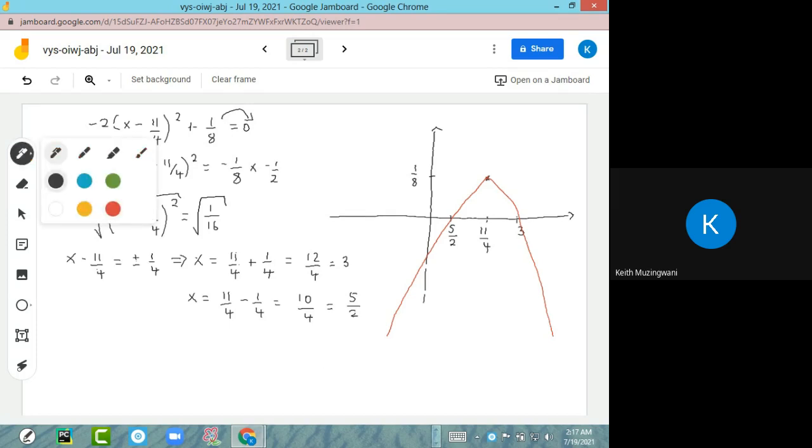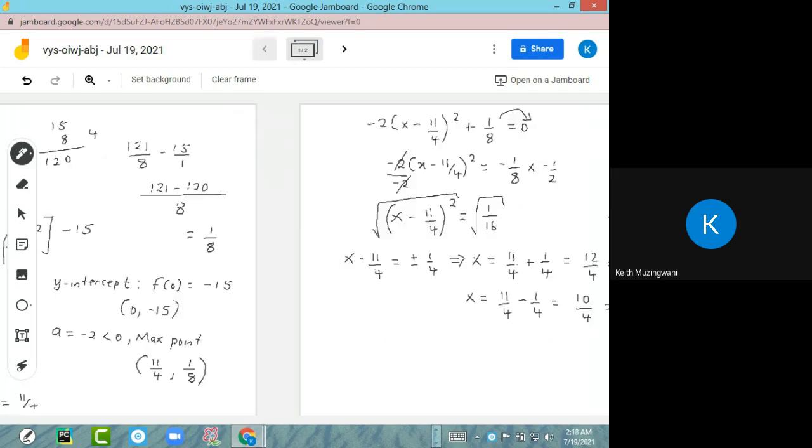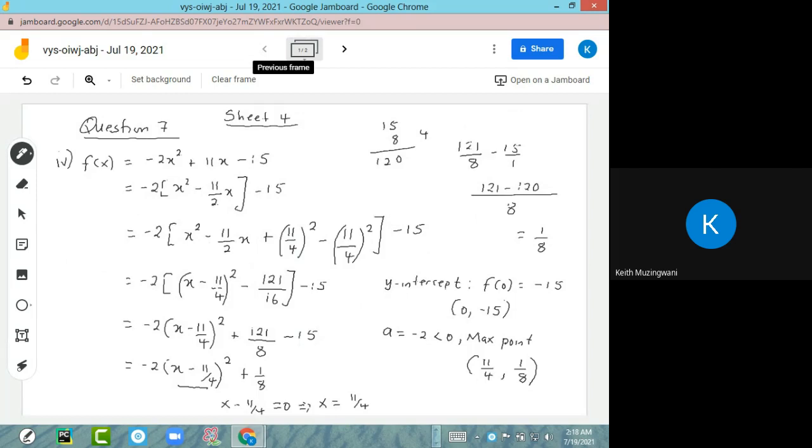Assuming that this point here is 3, and this one here is negative 15. This one carries marks, always. Good marks actually, because you've seen the work involved. You complete the square, you get, in most cases, 3 marks.